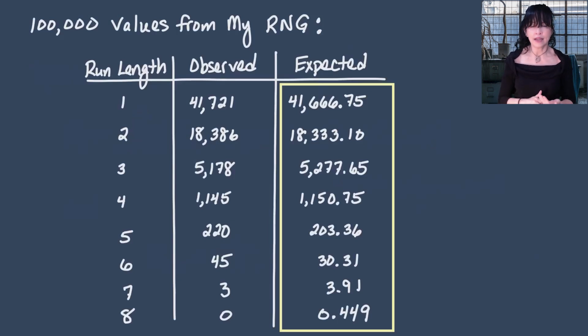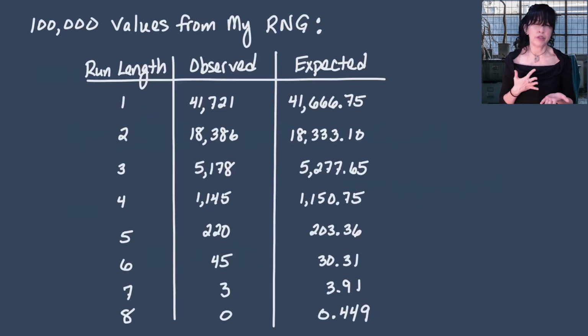And these are the expected numbers computed using the Levine and Wolfowitz formula. I've got observed values and I've got expected values. So this is screaming for a chi-squared goodness of fit test. I've got categories. The different lengths are categories.